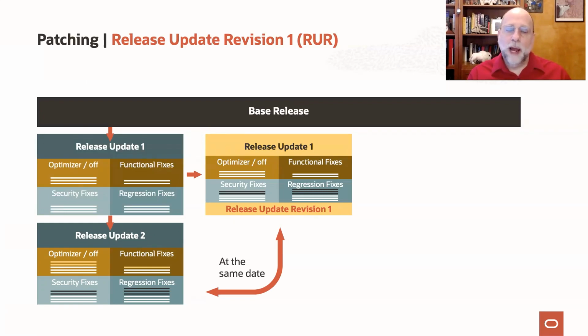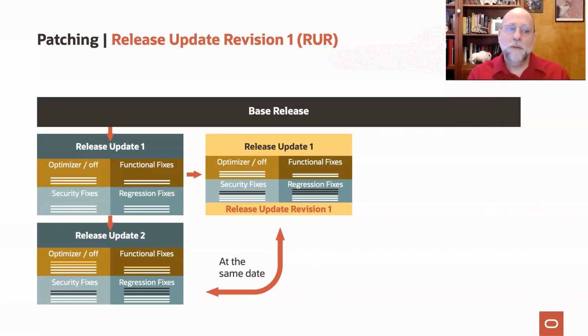So when we have a release update, 3 months later, say you take on the January release update, in April, we will issue a revision for that update. And that revision will have new content in only 2 of the 4 areas, which are security fixes. So they will be current on your security patches for the quarter. And then regressions.